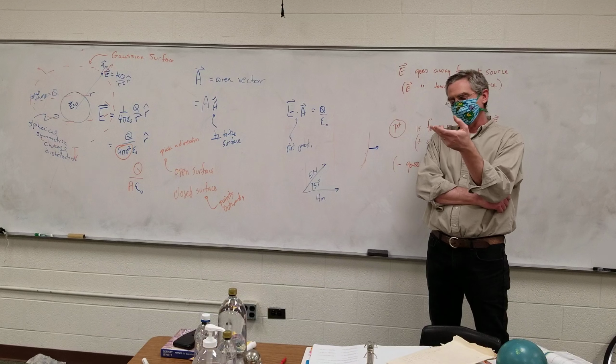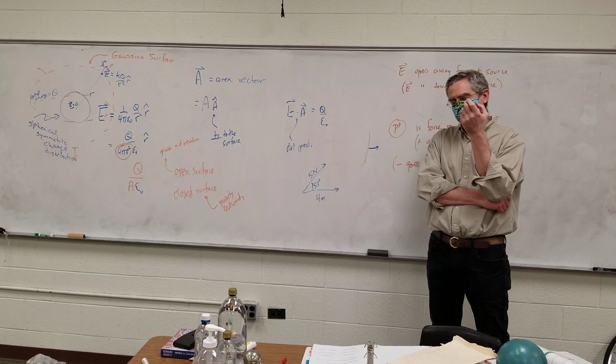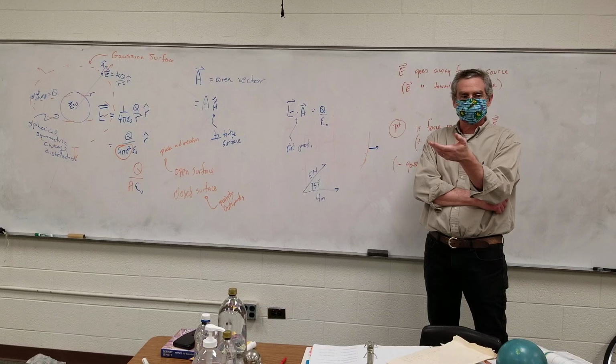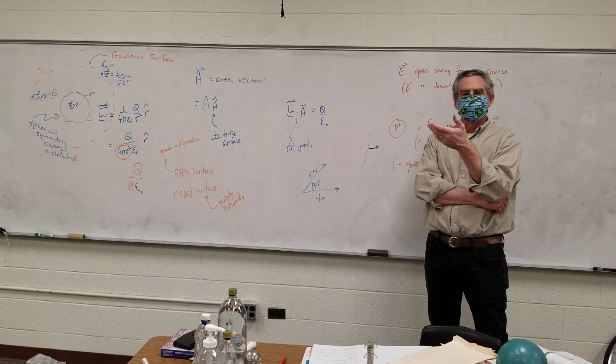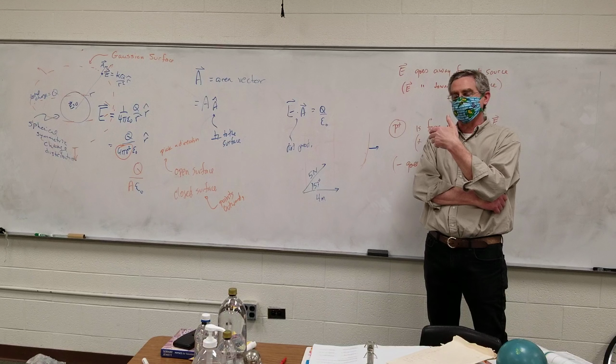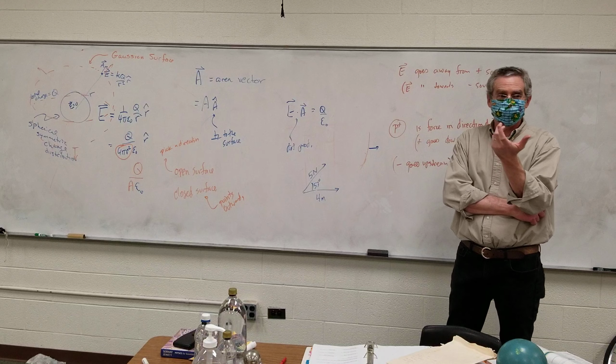The two types of multiplication: either you multiply parallel components or you multiply perpendicular components. With dot products, to produce the scalar, you end up multiplying parallel components.